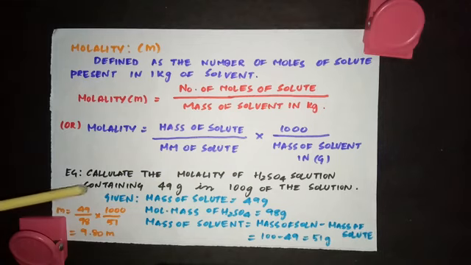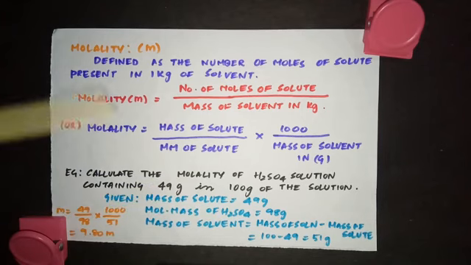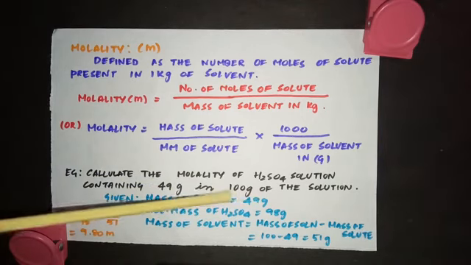Now let's see an example. Calculate the molality of sulfuric acid solution containing 49 gram in 100 gram of the solution. So what is given in the question? They have given you the mass of the solute, which is 49 gram, and the mass of the solution, 100 gram.